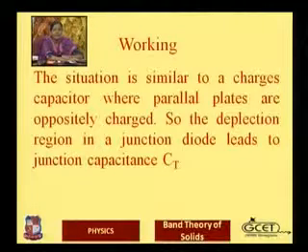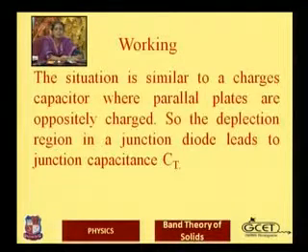So in the p-n junction diode, the depletion region in a junction leads to the junction capacitance. That means the p-type material acts as the positively charged plate and the n-type material acts as the negatively charged plate. In between them there is a depletion region which acts as a dielectric material.